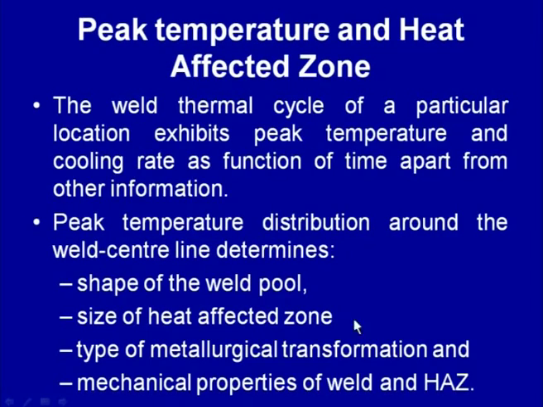But if the martensitic transformation occurs, then this can lead to embrittlement and increased cracking tendency of the heat affected zone. That is why the variation in peak temperature around the weld center line affects a number of characteristics related with the weld region and the heat affected zone.